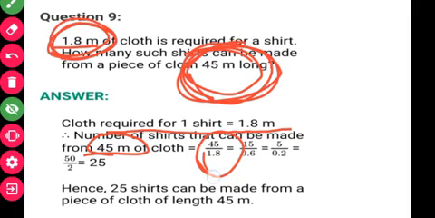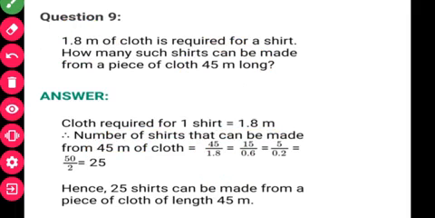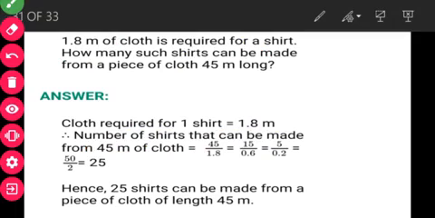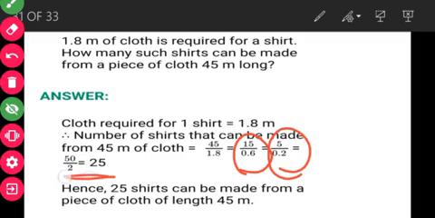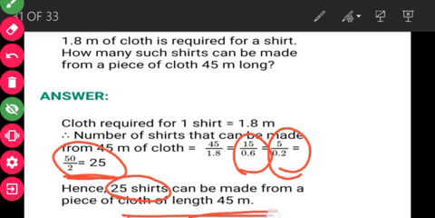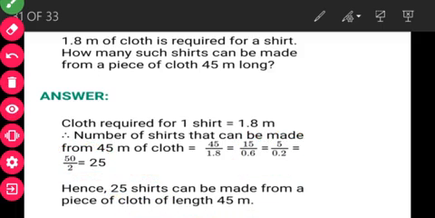So 45 by 1.8, simplify, and it will be equal to 25. That means 25 shirts can be made from a piece of cloth of length 45 meter. Understand?